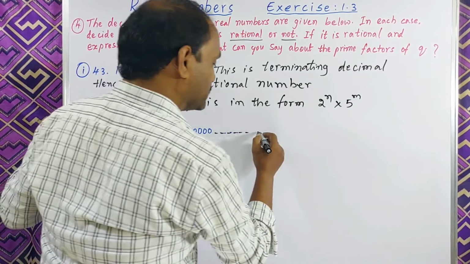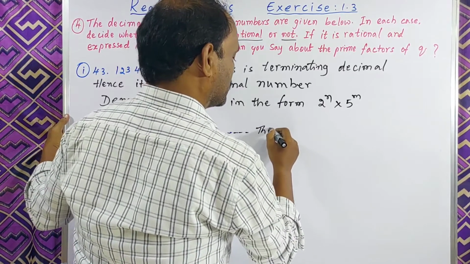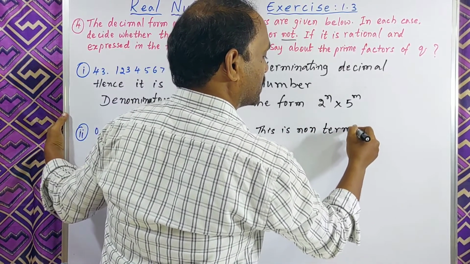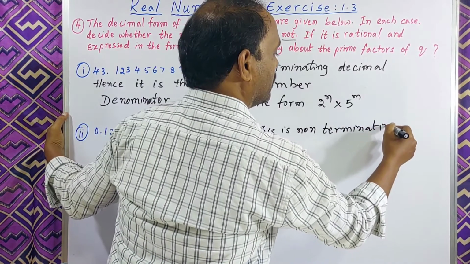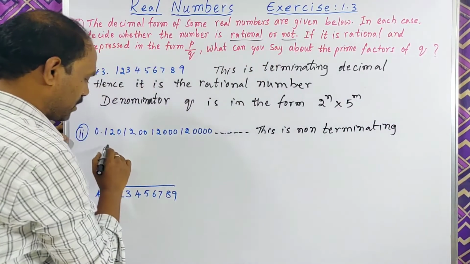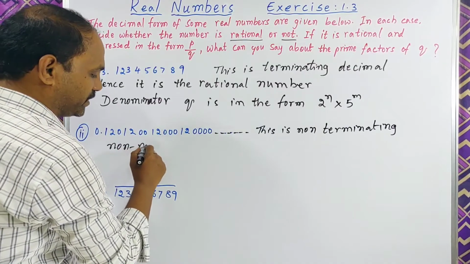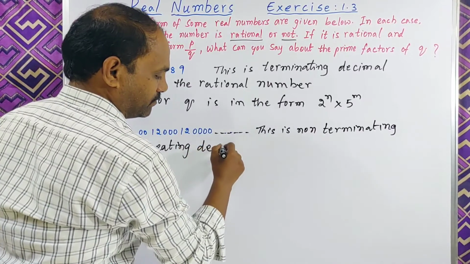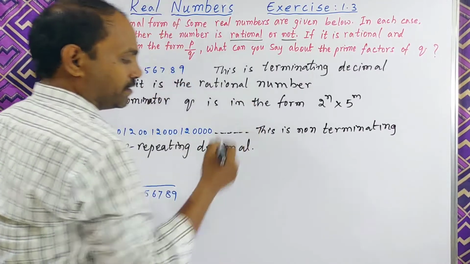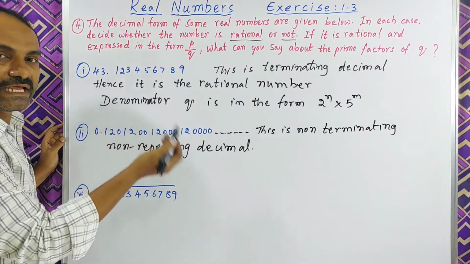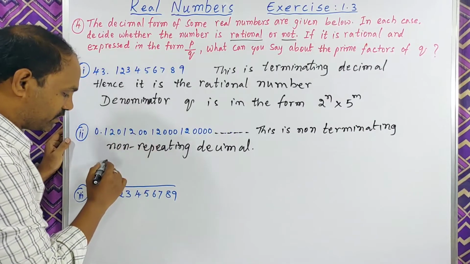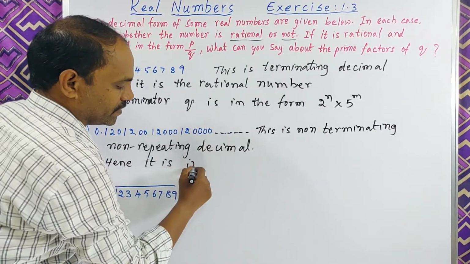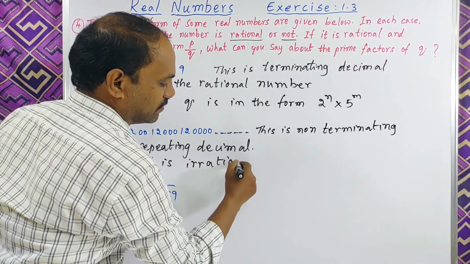That's why this is a non-terminating, non-repeating decimal. So this one is an irrational number.